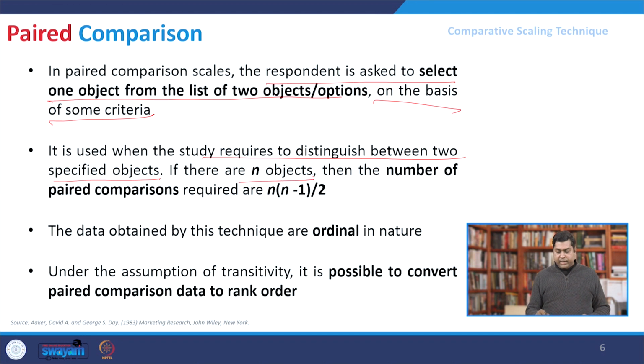If there are a total of n objects available to pick from, then the total number of paired comparisons should be n multiplied by n minus 1, divided by 2.